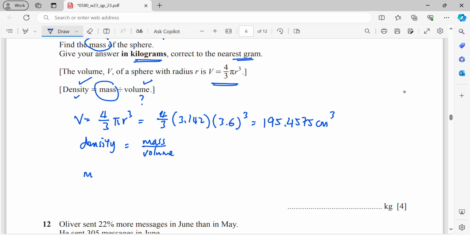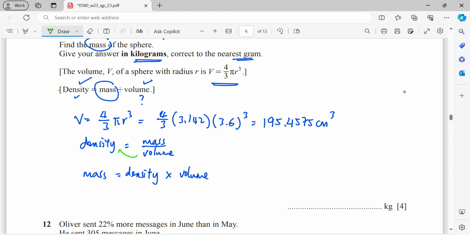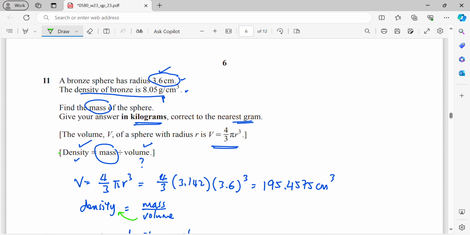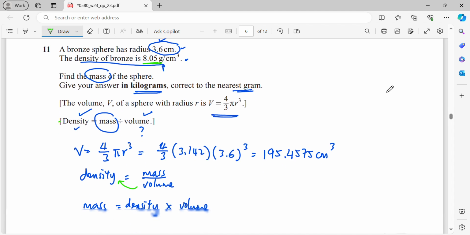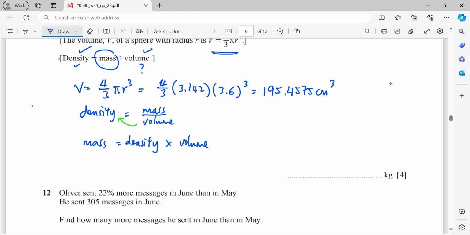So the mass is density multiplied with volume, because you just move up the volume. Now density is given as 8.05 grams per centimeter cube. So I will write here 8.05 grams per centimeter cube, then you multiply with the volume, which is also in centimeter cube.